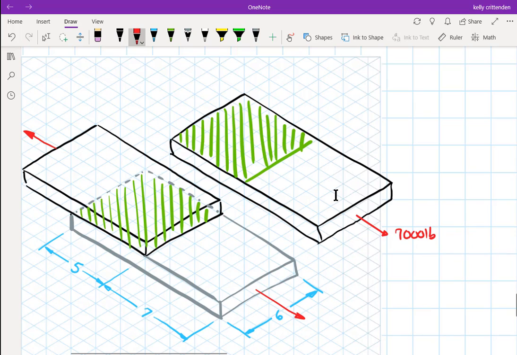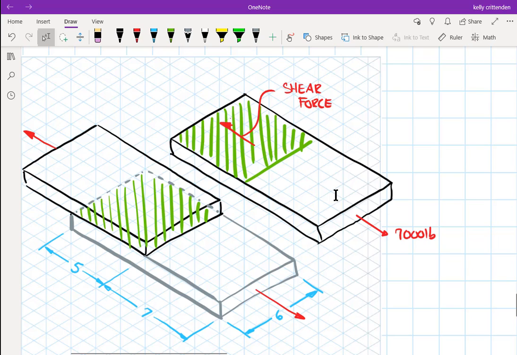And since the glue is what's trying to hold it together, I have to draw the force maybe something like this. I'm only going to put half an arrowhead on there because this is a different type of force. This is called a shear force. When we did the normal forces, normal stresses, the force and the area that it was acting on were perpendicular to one another.